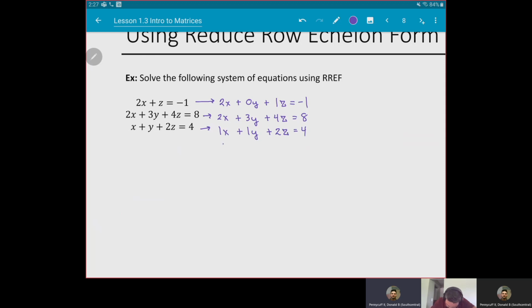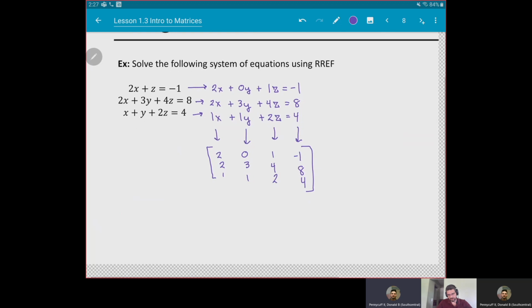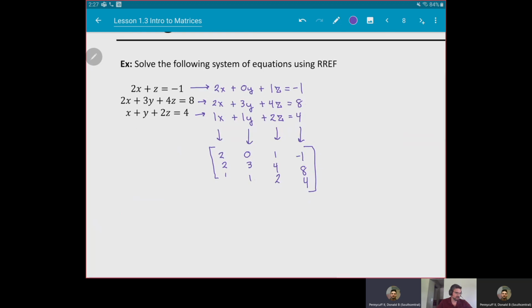And so now that I've done that, I can put this into matrix form. 2, 2, 1, 0, 3, 1, 1, 4, 2, and -1, 8, 4. Okay. So now that I've got this in matrix form, I'm ready to type this into my calculator.